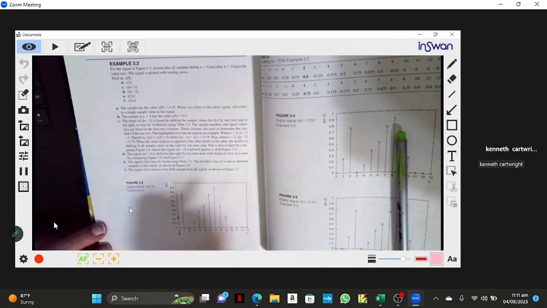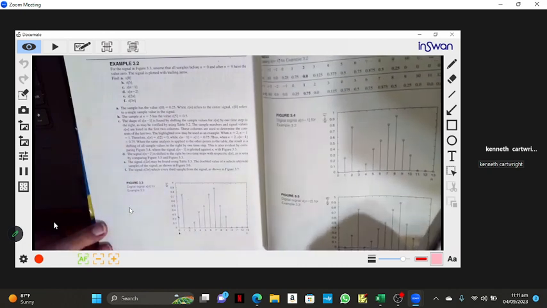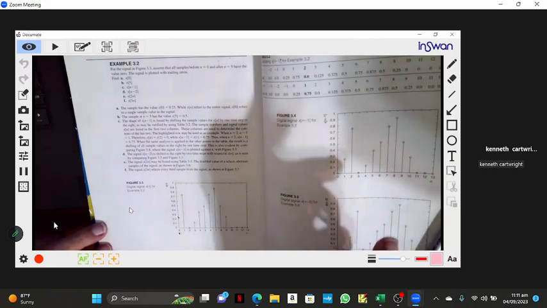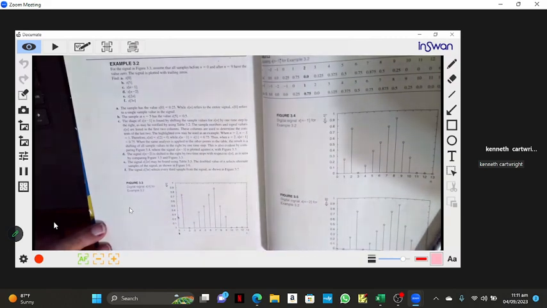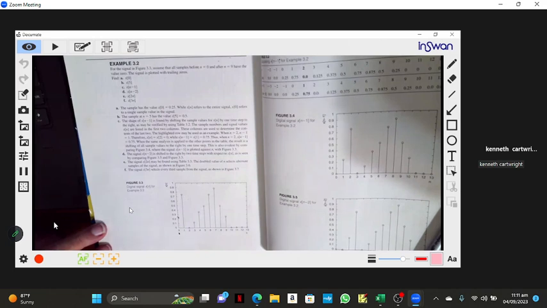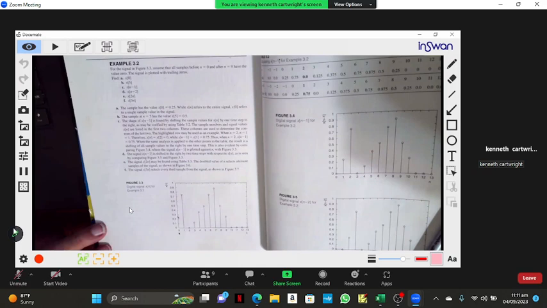Well, that's in 3.4. What does figure 3.4 look like compared to figure 3.3?